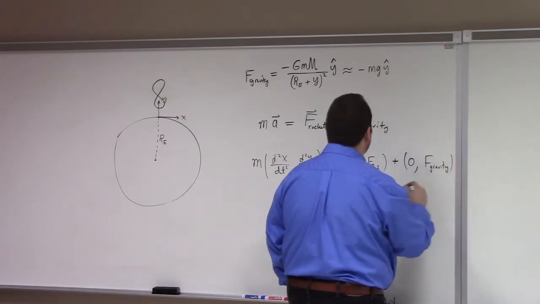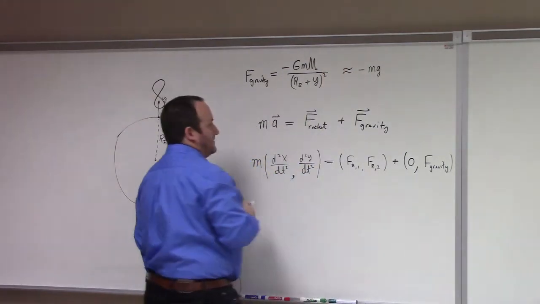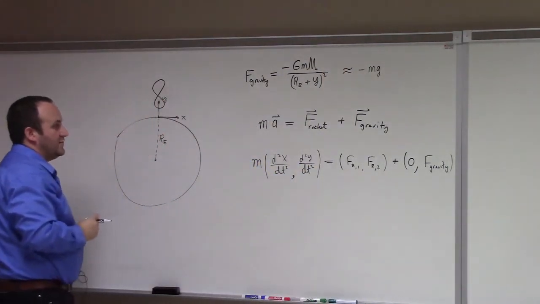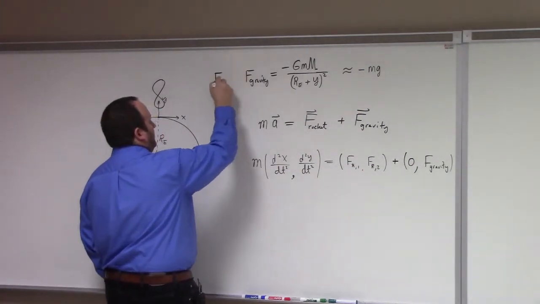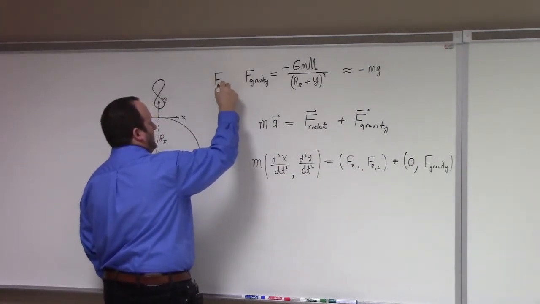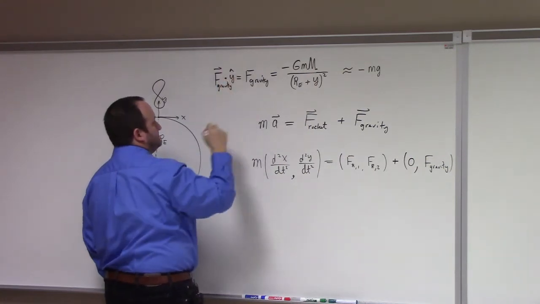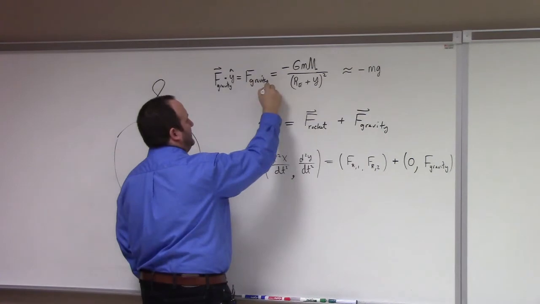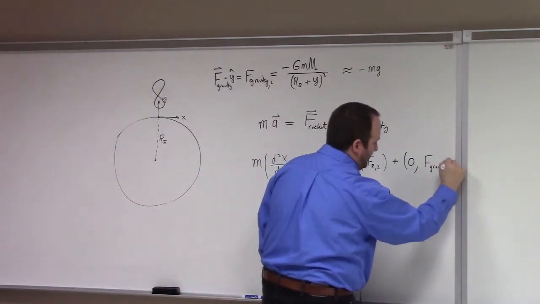Scratch the y hat just for the sake of discussion here. So that's just the y coordinate of the gravity force. Technically, this is the real force of gravity, dotted with y hat. Maybe I should use a subscript 2 to not get into trouble with your physics professor.